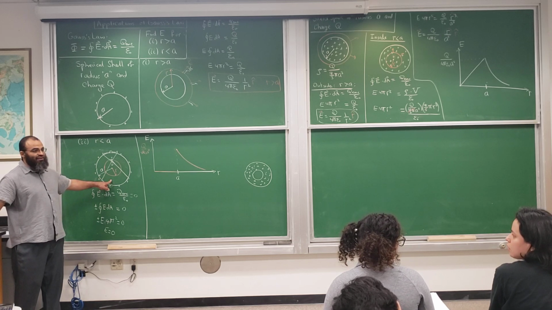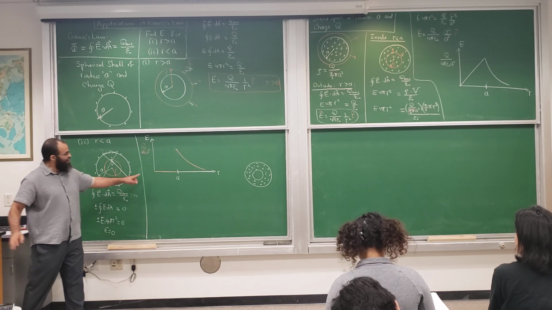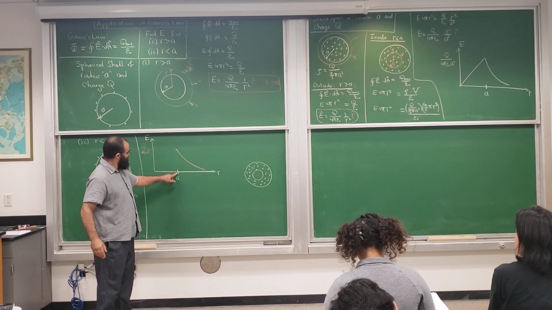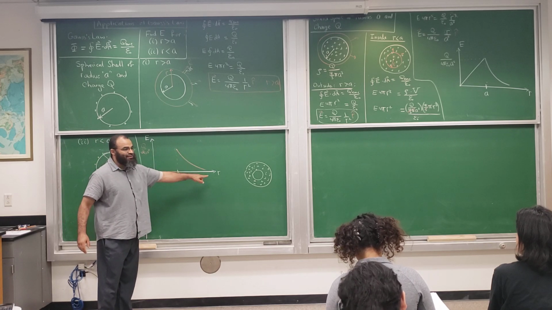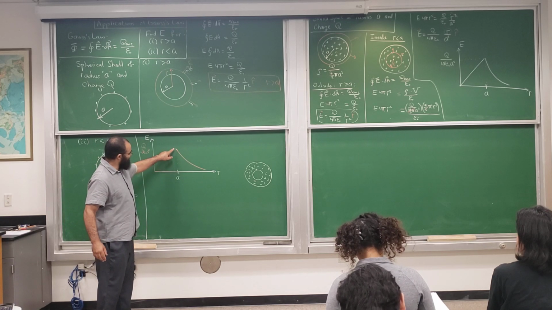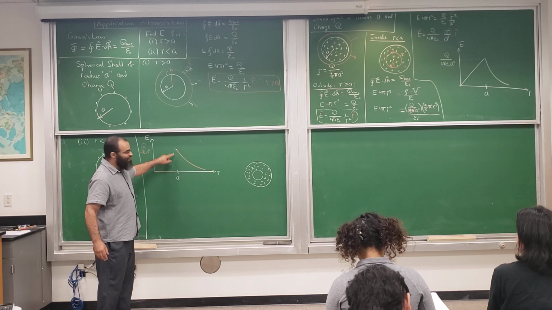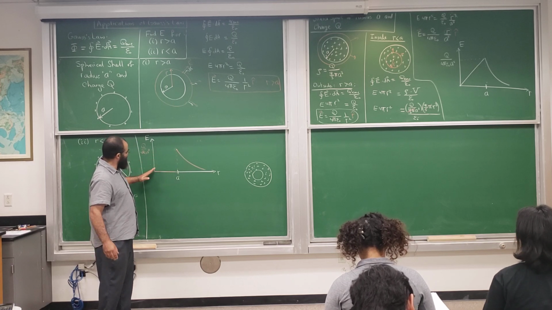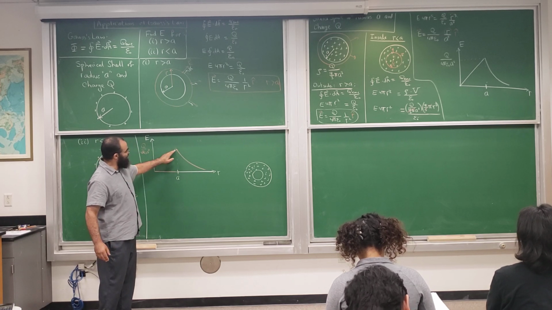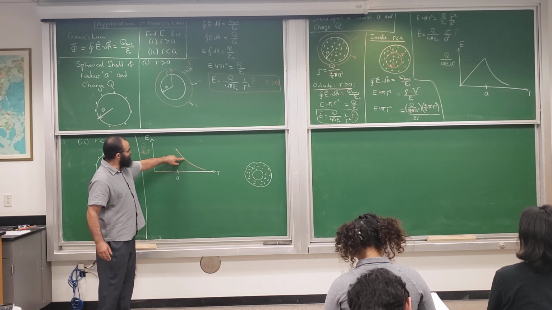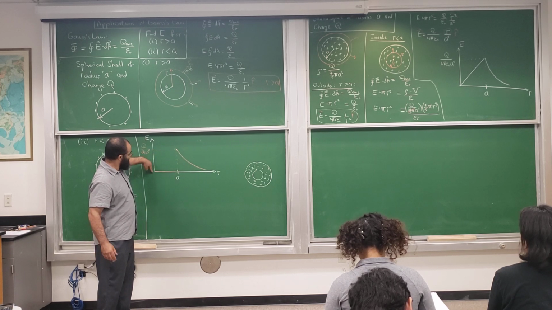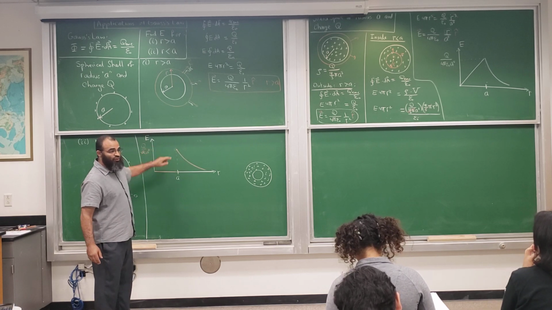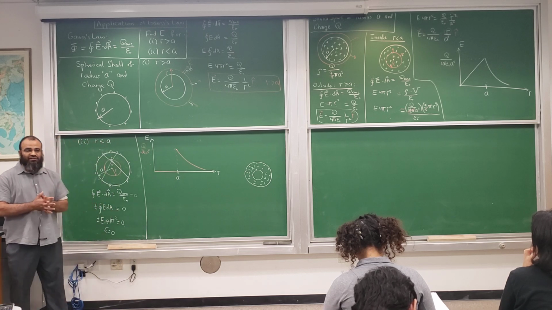That was for the shell. You see, the shell was 0, and then there was a jump at exactly A. Whereas this one, both of these curves met. When you extend this one to the left to A, and this one when you go to A, they're the same.